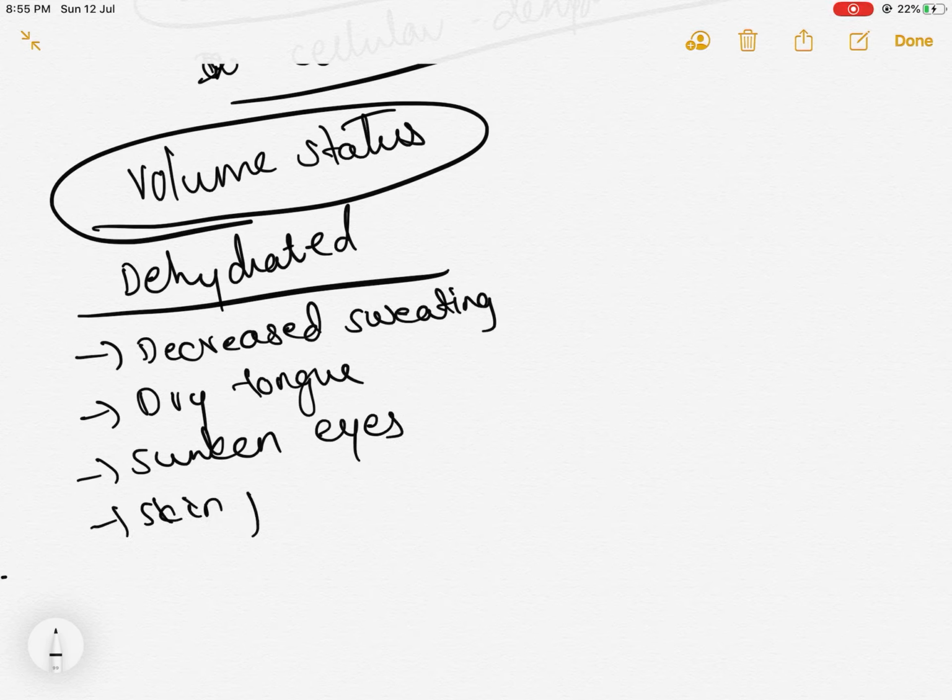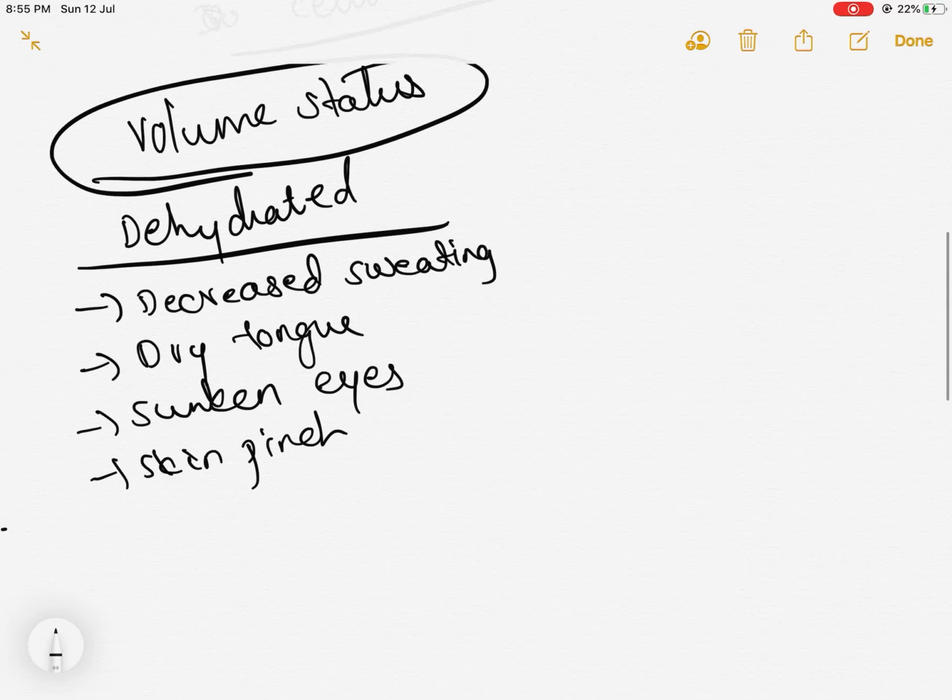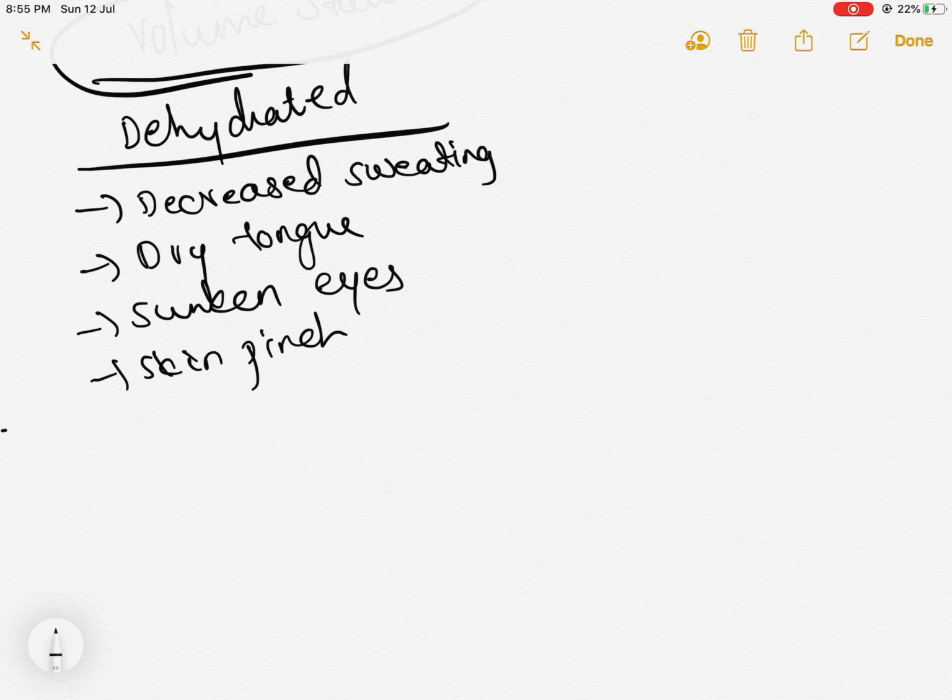A normal skin pinch should go back within 1 second. Whenever it takes about 2 seconds, or about 5 seconds when severely dehydrated, the skin turgor is low. As a result, the skin pinch test is positive, and the delay in the skin going back to normal indicates dehydration.